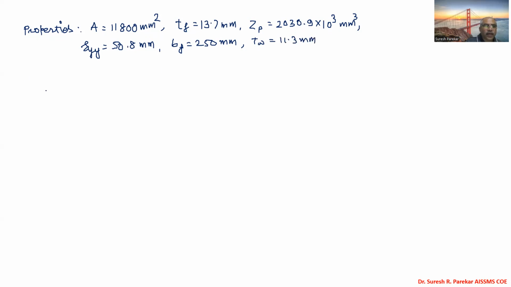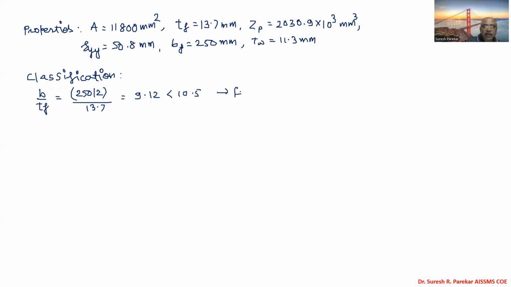Now we have to first find the classification of the section. So we have b upon TF, that is 250 by 2 upon TF, 13.7, and this value comes 9.12, which is less than 10.5.